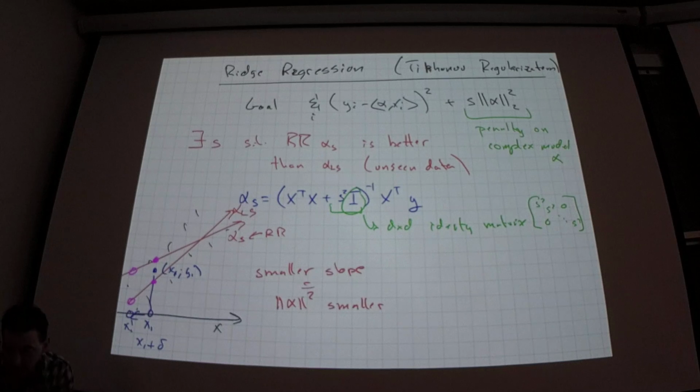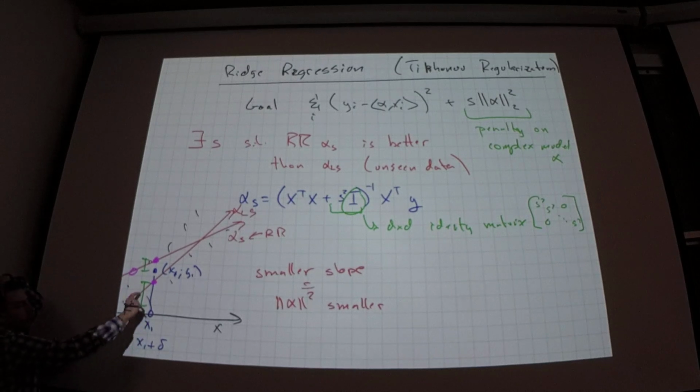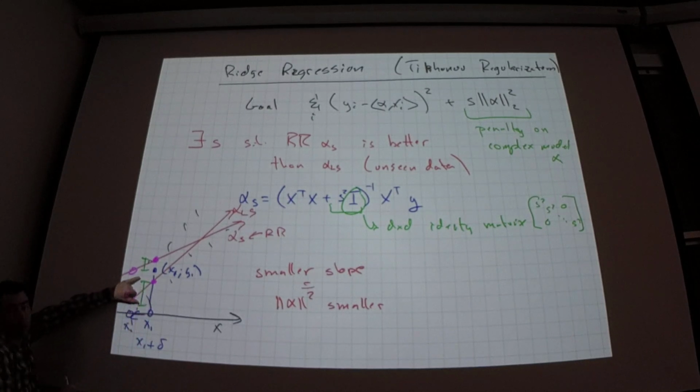If I look at the difference between these values, the ordinary least squares has a larger slope, so a small change in the x value is causing a larger change in the y value here. Whereas with the ridge regression, for the same change in x value, the change is smaller.